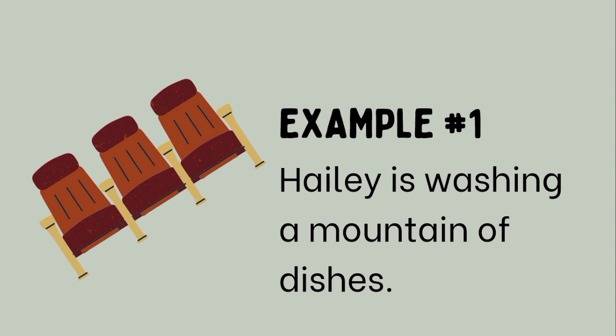The definition of this sentence is the speaker is hyperbolizing that the subject Haley is washing piled up, uncountable dishes, which look like a mountain in a lavatory, which simply means that maybe Haley's family held a party with a lot of attendees, with a lot of visitors.